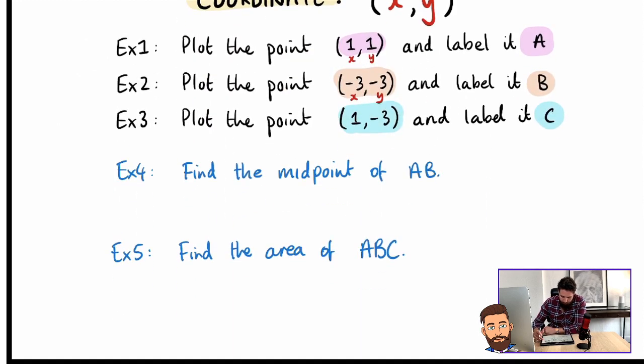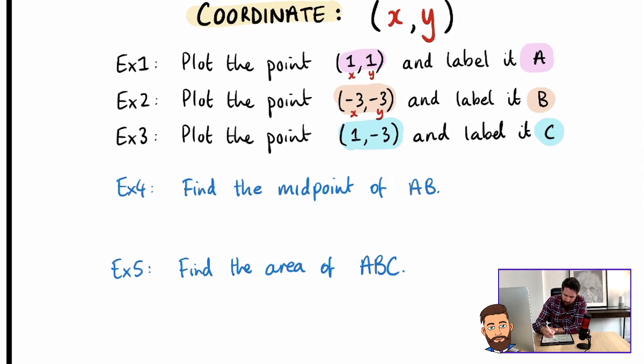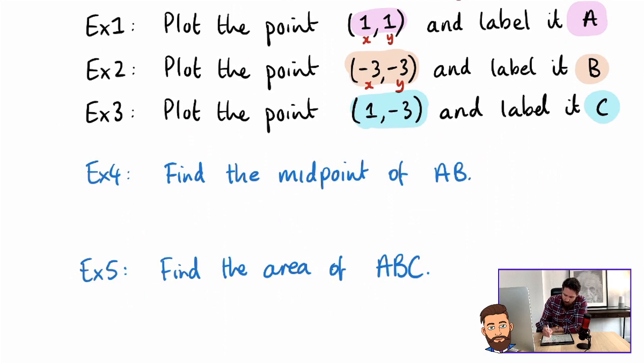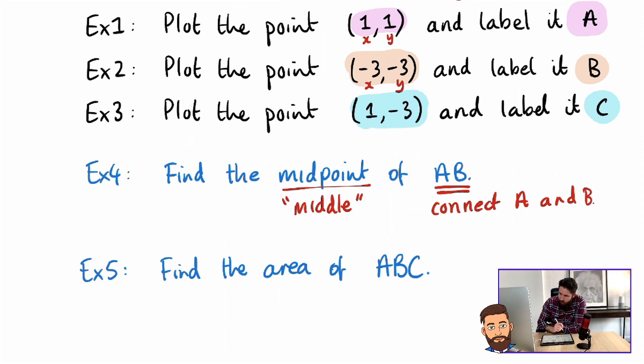Example 4 is asking us to find the midpoint of AB. Well, what does that mean? What does the midpoint of AB mean? Well, the midpoint is just a word to represent the middle of AB. Well, that means that we need to connect point A and point B with a straight line.